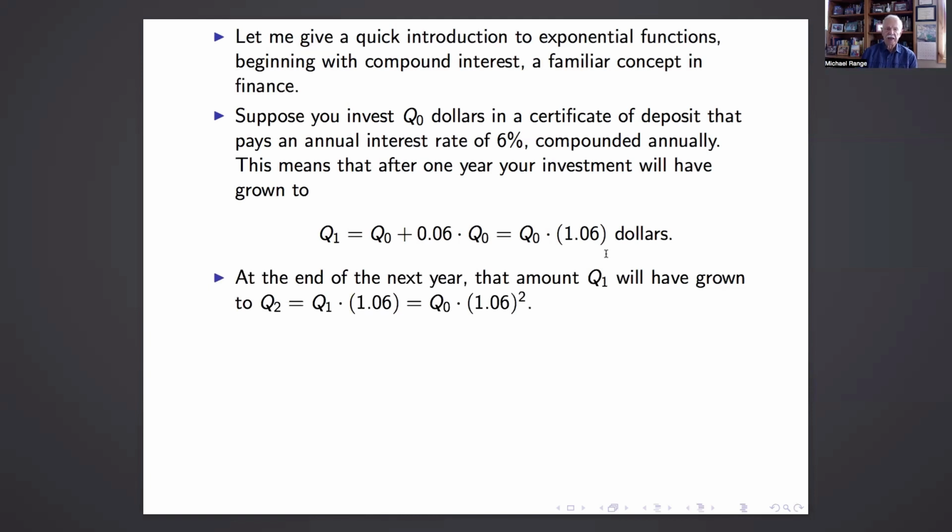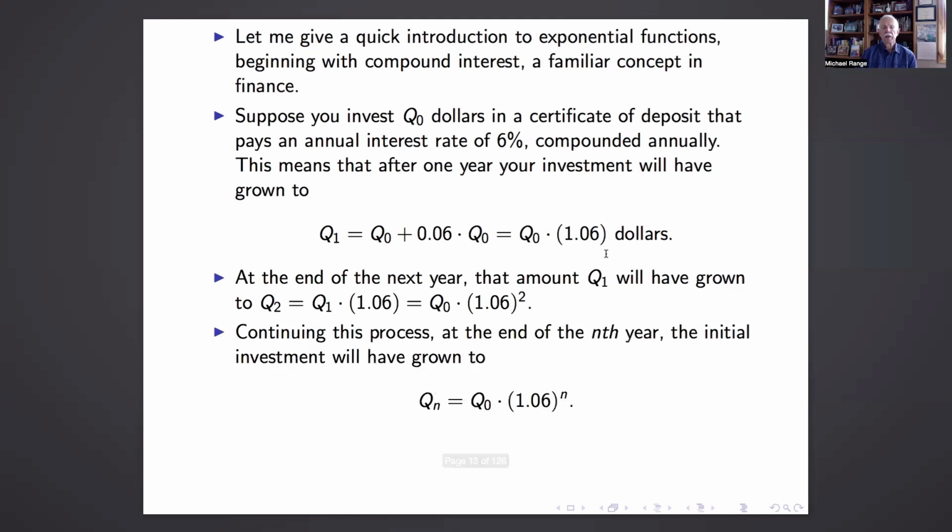And that is the same as Q sub 0 times 1.06 squared. Continuing this process, at the end of the nth year, the initial investment will have grown to Q sub n equals Q sub 0 times 1.06 to the power n.